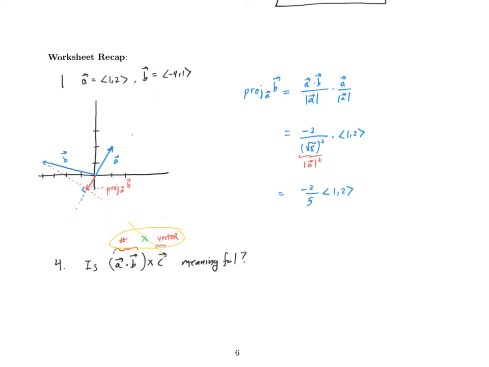For a cross product, you need to have a vector crossed with another vector. So the answer here would be no. And the reason as to why we would say no is that a scalar cannot be crossed with a vector.